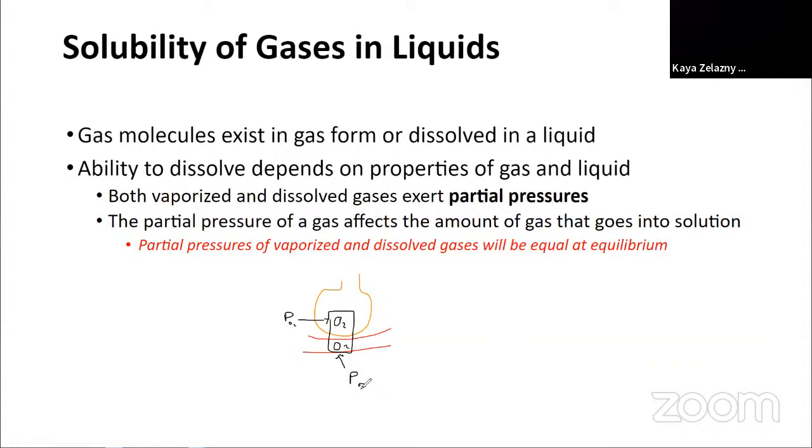But because of this solubility issue, it's going to be slightly different in terms of the amount. Okay. And that'll hopefully make sense as I continue to talk. But we know here that we can have a pressure in the air, we have a pressure in the blood, and they come to equilibrium as they sit here and undergo gas exchange.